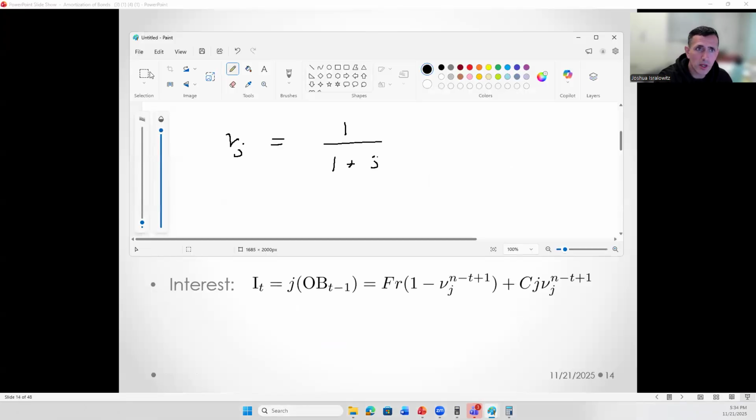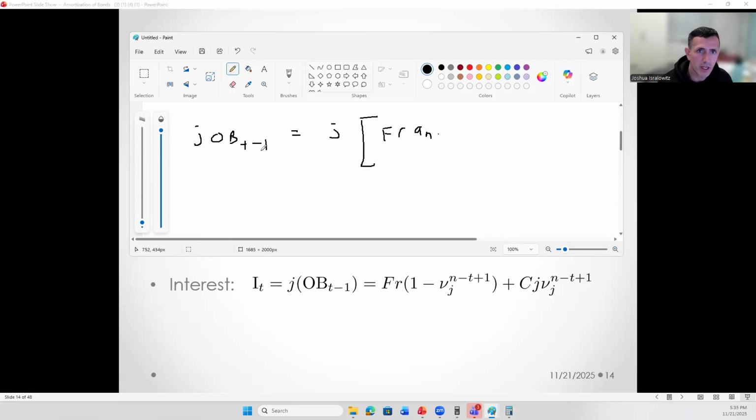So where does this come from? I'll try to do this really quickly. Remember, we just had a formula for the outstanding balance. And that is FR a angle.